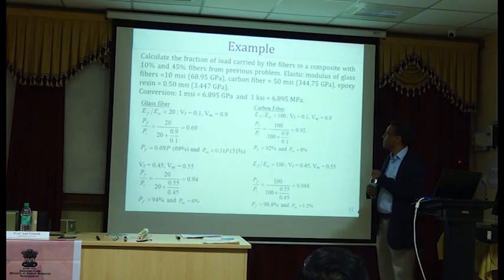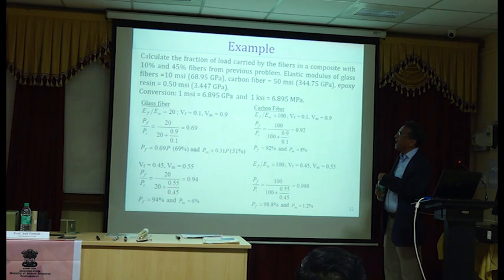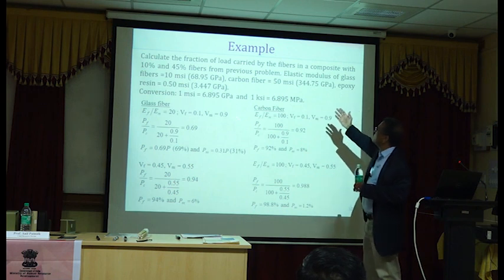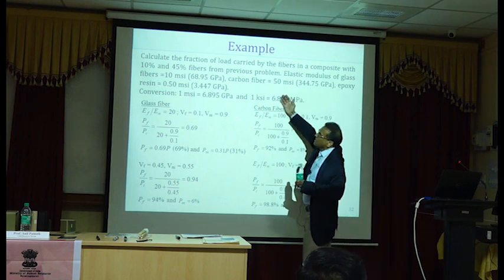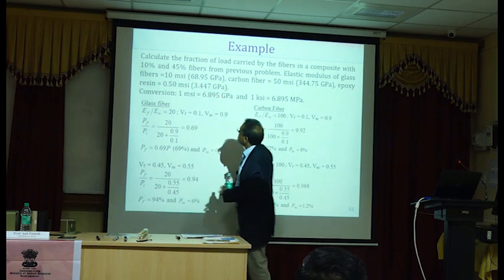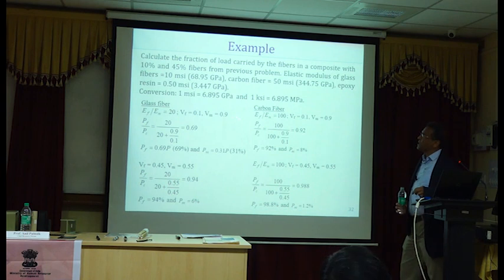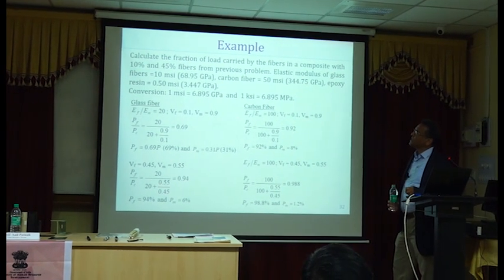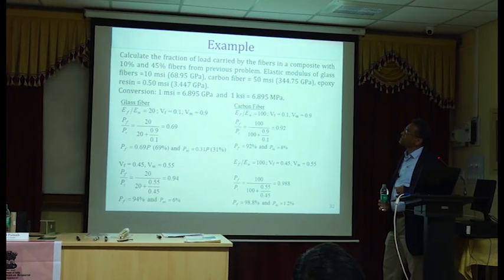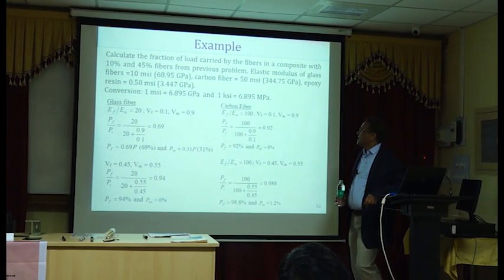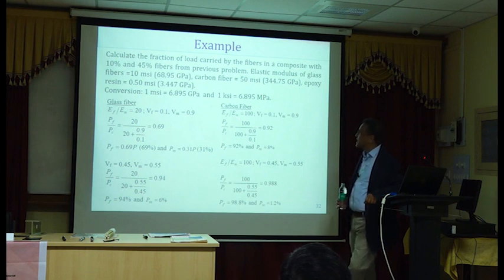So once again, I have a few numbers here, and these numbers are based on carbon fiber, 50 MSI, and glass fiber of 10 MSI. The ratio of fiber to matrix modulus values is 10 over 0.5, which is 20, and then the ratio of EF to EM for carbon fiber is 100.